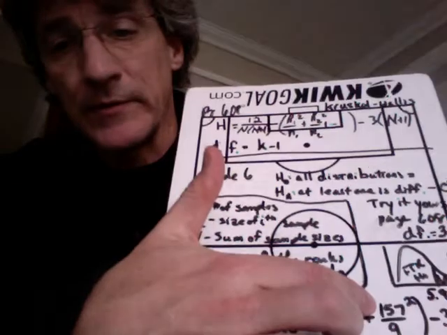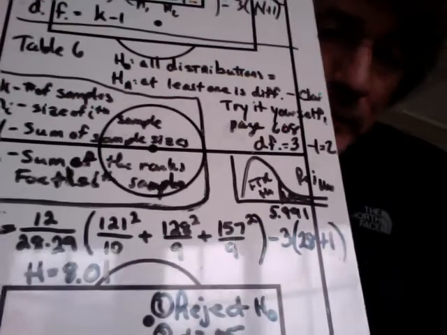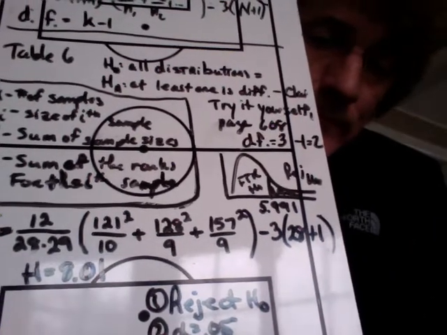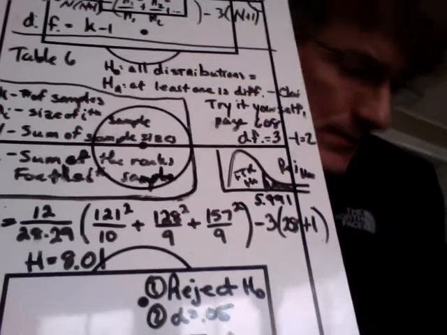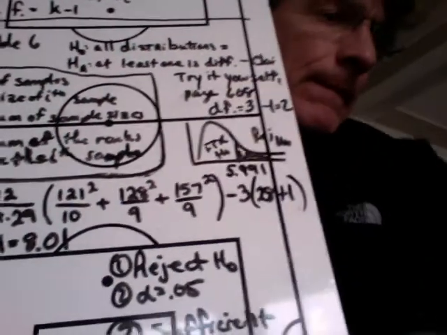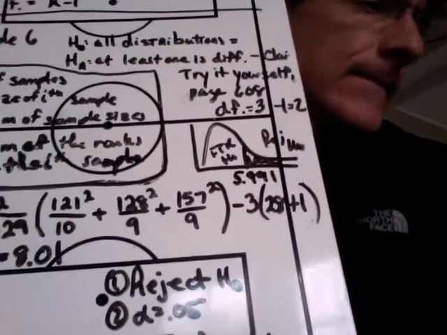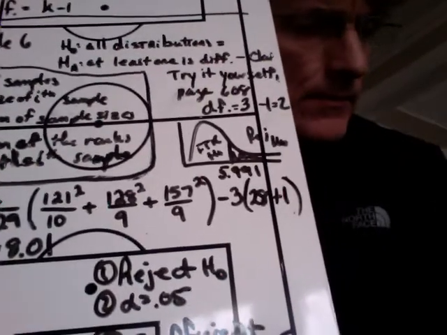And then 157 squared divided by 9. And then we have our minus 3 times 28 plus 1 going on. That test statistic ended up being 2.01. I had a typo for a moment there, I apologize.